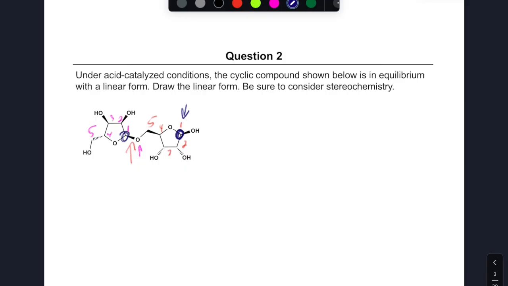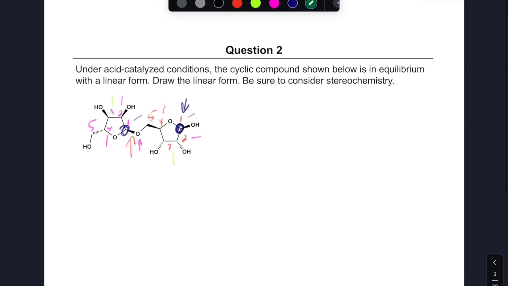We have two of those, and if you count them out, carbon 1 matches with carbon 1, carbon 2 matches carbon 2, 3 matches with 3, 4 matches 4, and finally 5 matches 5. They both are 5-carbon units, so this is starting to look like two separate 5-carbon chains if you treat them individually.